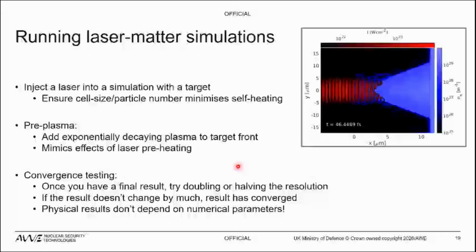And if your simulation outputs don't change, you probably have a resolution which is acceptable. I think the final point says it all. Physical results do not depend on numerical parameters like cell size. So that should hopefully be enough information now to create simulations where lasers come in and hit targets.